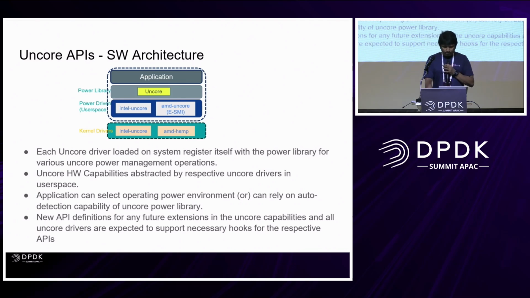As in core power management, in Uncore also you can probe the platform to see which platform it is and identify the specific driver that is relevant. What we proposed is basically an auto detection capability, which looks at the specific vendor it is operating on and then identifies the relevant Uncore driver that can be activated.